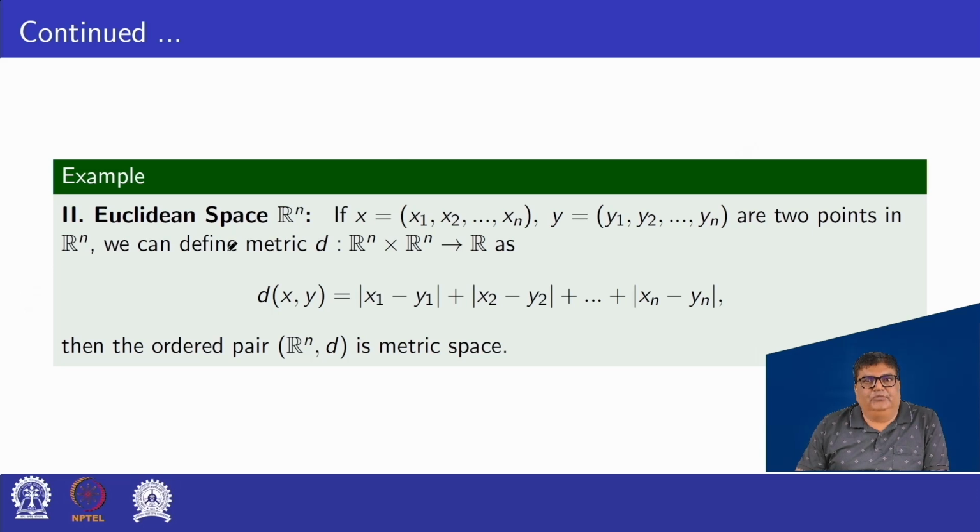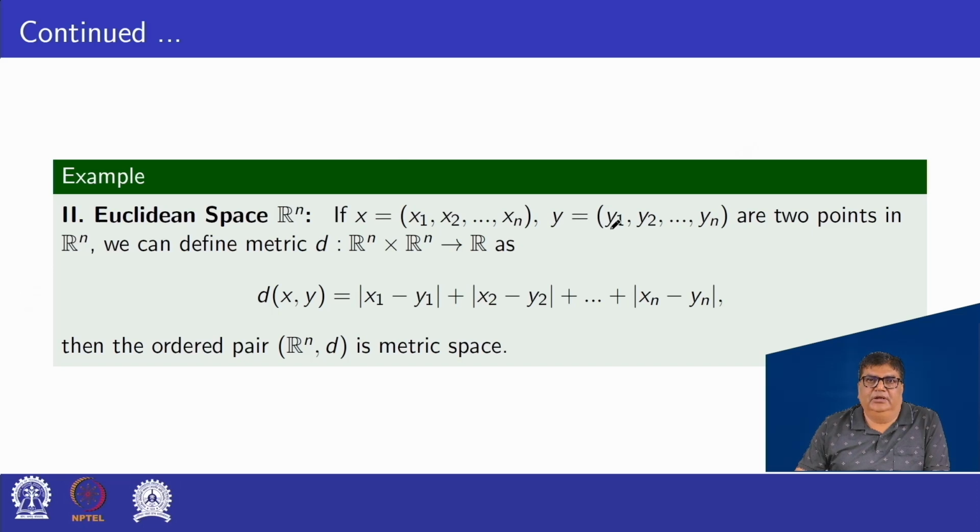Second example, Euclidean space Rn. If x is equal to (x1, x2, and so on, xn), with x1, x2 and so on individually in R, and similarly y is equal to (y1, y2, and so on, yn), all y1, y2, yn in R, these are known as n-tuples. So in tuples we can write x is equal to (x1, x2, and so on, xn) belonging to Rn.